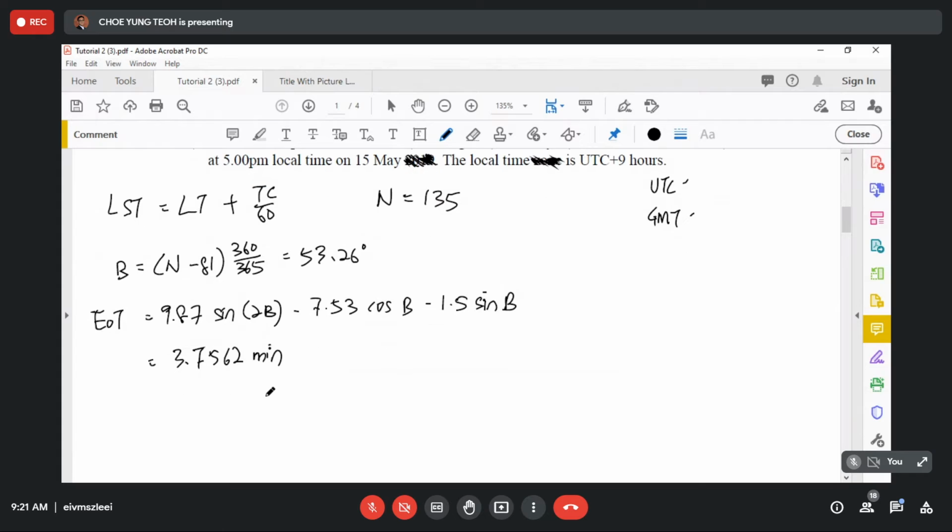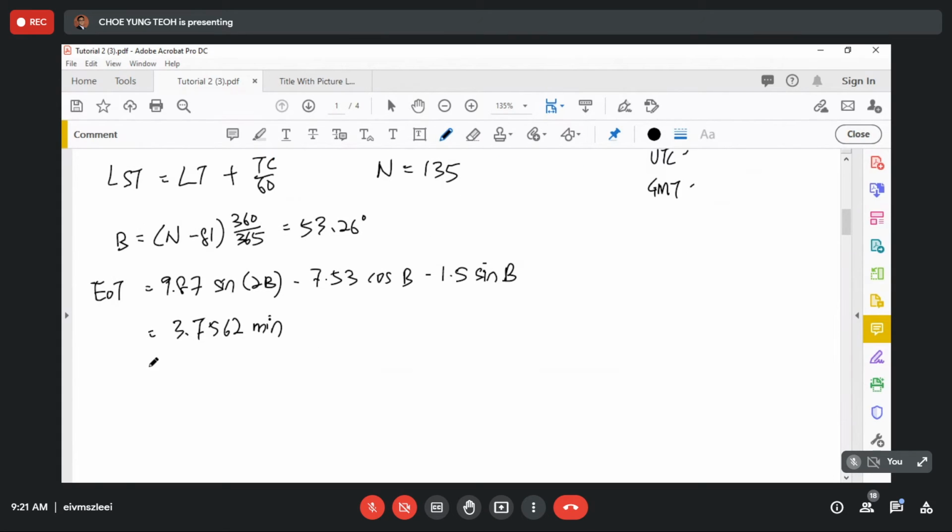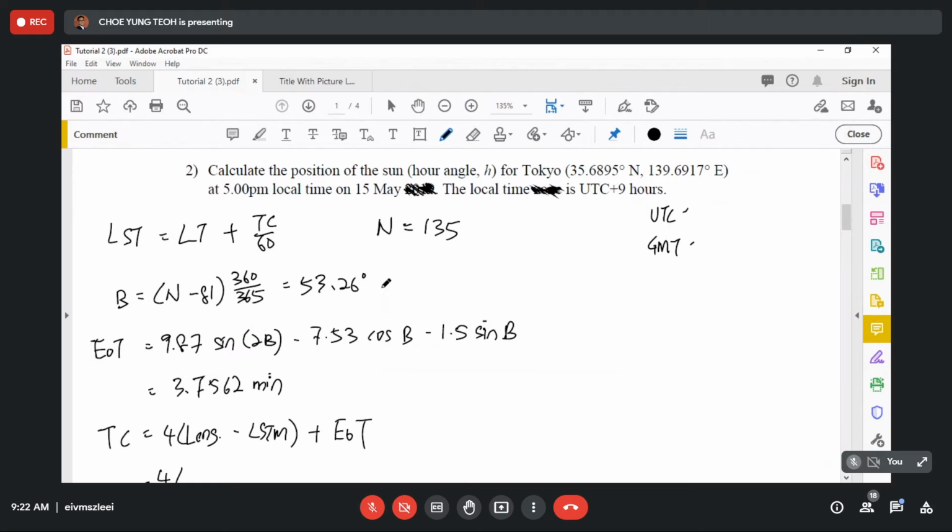Once you have EOT, then you can convert for TC, which refers to the time correction factor: 4 times longitude minus LSTM plus EOT. Longitude again, we can get from the equation. Longitude is 139.6917 East, so we put positive. If west, we put negative.